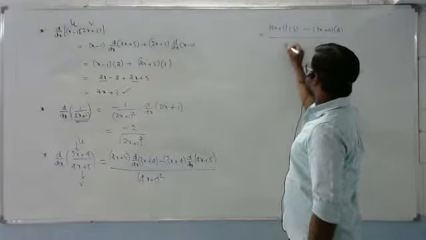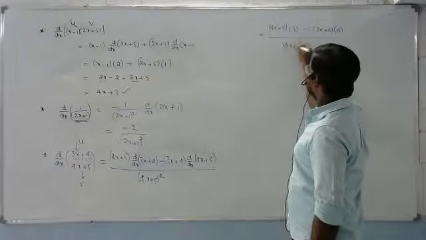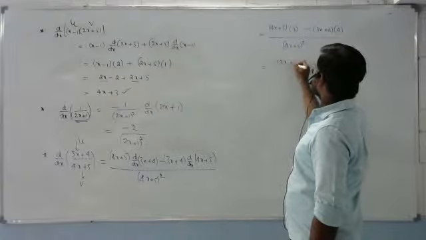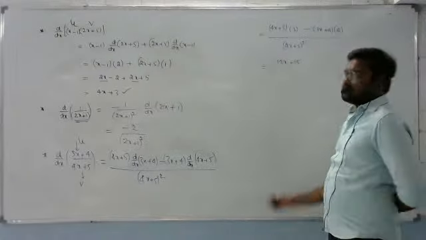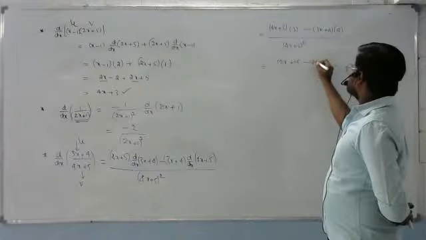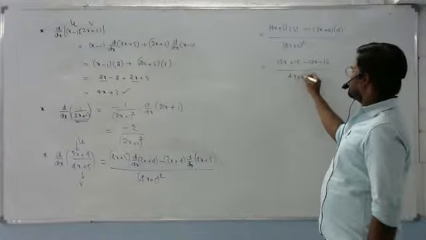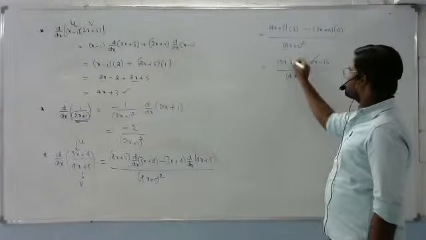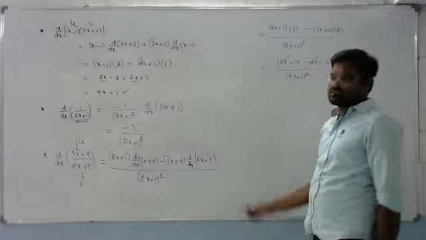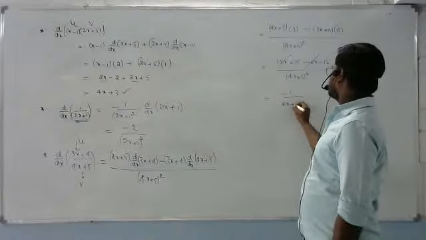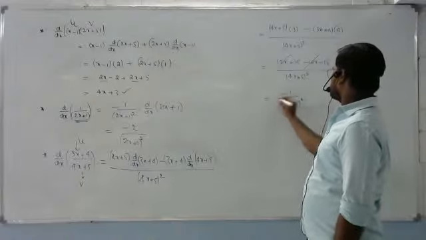By 4x plus 5 whole square. Now multiply. 3 4s are 12x plus 3 5s are 15 minus 4 3s are 12x minus 4 4s are 16, by 4x plus 5 whole square. Plus 12x minus 12x is cancelled. 15 minus 16, minus 1 by 4x plus 5 whole square.